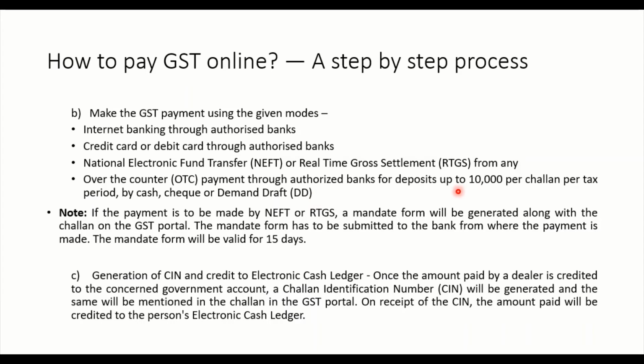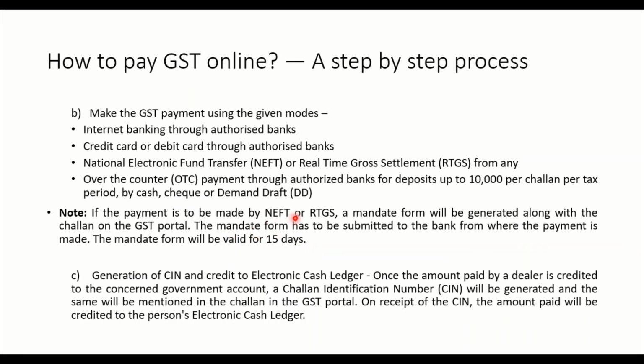Then there is a note. If the payment is to be made by NEFT or RTGS, a mandate form will be generated along with the challan on the GST portal, and that mandate form has to be submitted to the bank from where the payment is made. The mandate form will be valid for 15 days. What is that mandate form?